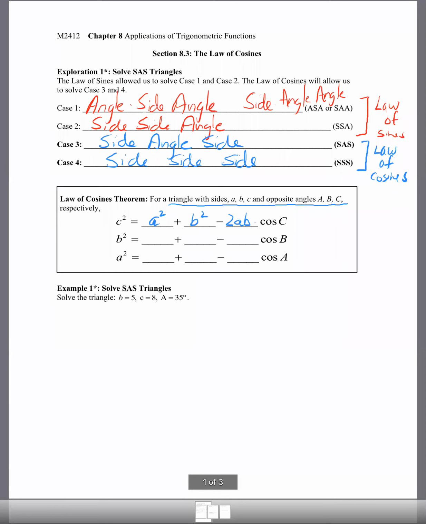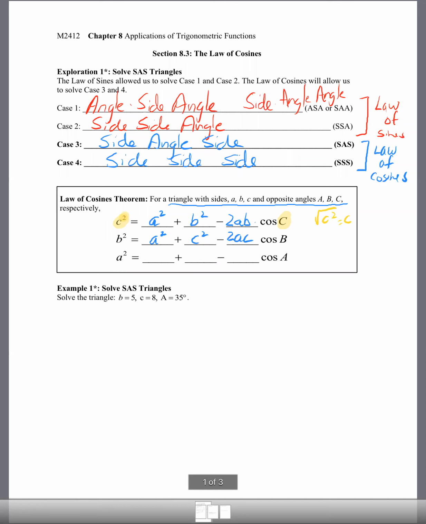Likewise, if you're looking for the value of b, then you'll need a squared and c squared, minus 2ac times the cosine of angle b. So what you're seeing here is that every time we talk about an angle, like angle C, if we know angle C and we know the two sides on either side of angle C, then you can calculate c squared, and then to get the value of c, you'll just take the square root of that value.